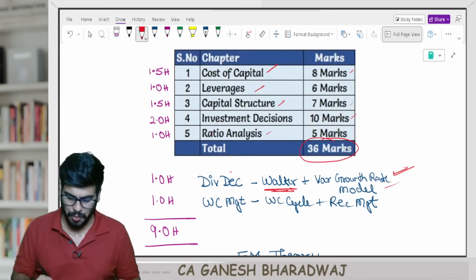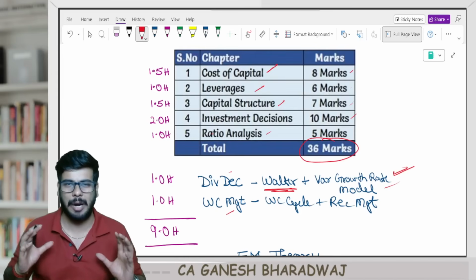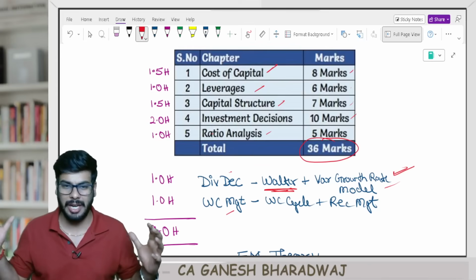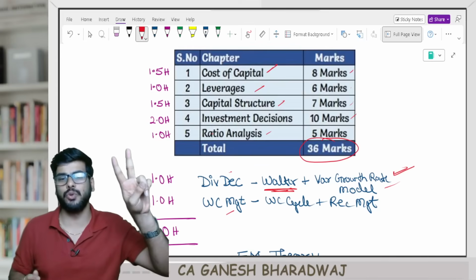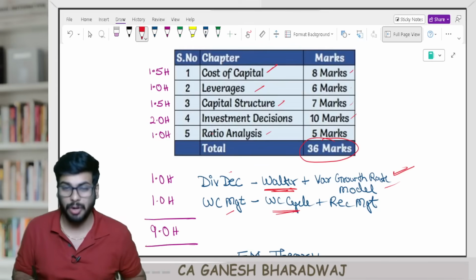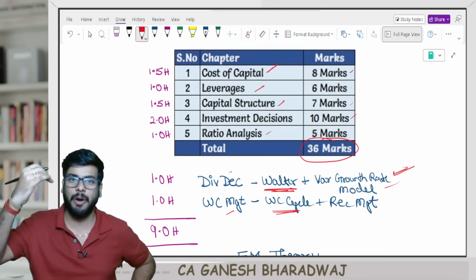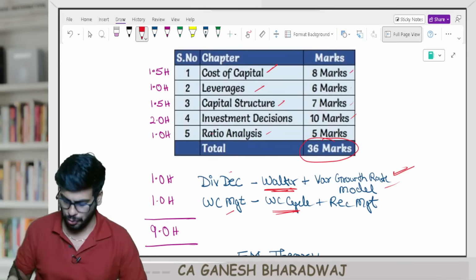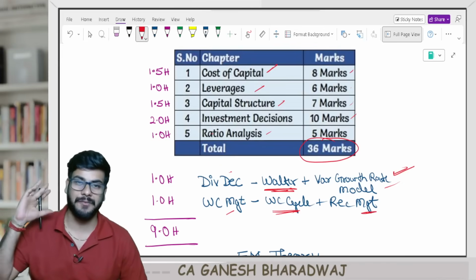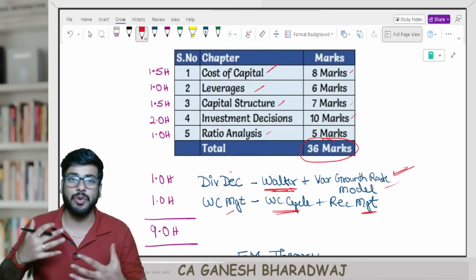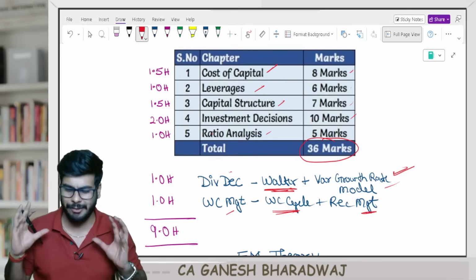Once that is over, go to the working capital management chapter. If you are not able to cover it fully, at least do 2 units. One, the working capital cycle, that is the first unit, introduction to working capital, the operating cycle. And then do questions from receivables management.